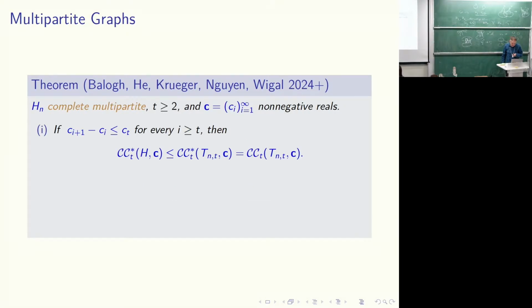But the next step is to assume that we have the complete multipartite graph, then in what cases is it true that, let's say for the covering problem, we cannot do better than the Turán graph. Here are conditions on the sequences, that the difference of two consecutive members of the sequence cannot be larger than the first element of the sequence.